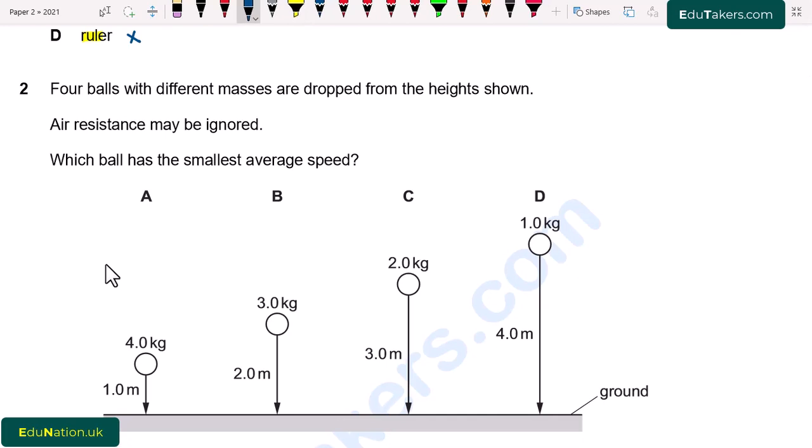So loss in potential energy is equal to gain in kinetic energy, because when they hit the ground, their potential energy is equal to 0. So I write here loss in potential energy is equal to gain in kinetic energy.